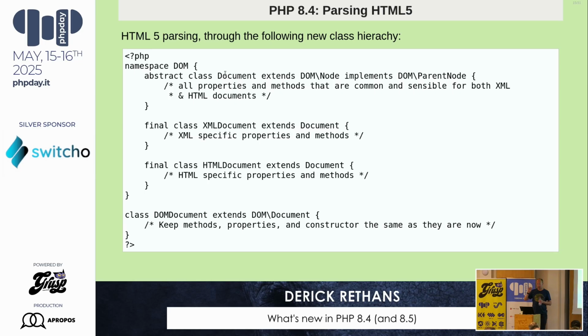That's the HTML specific one, and it will use an HTML5 parser, whereas if you would use the normal DOM HTML document, I actually don't even remember what it's called now, that would still use the old HTML4 parser. Which means by changing a line in your code, by going from DOM document to DOM/HTML document, that's the only thing you need to change to upgrade from an HTML4 parser to an HTML5 parser.